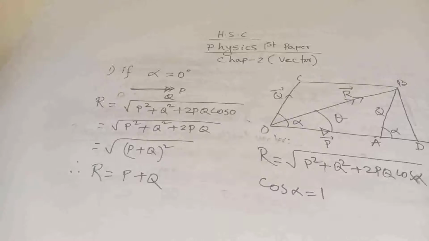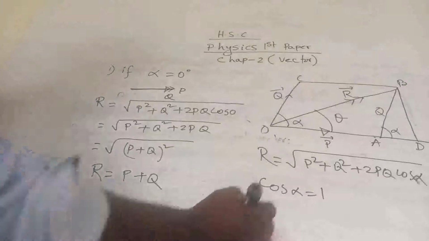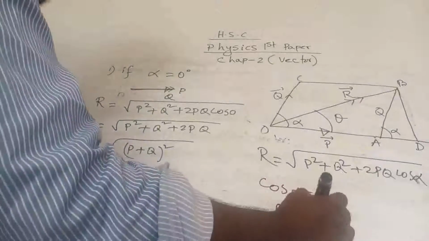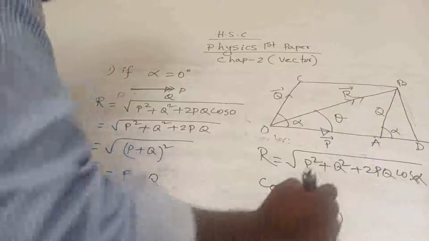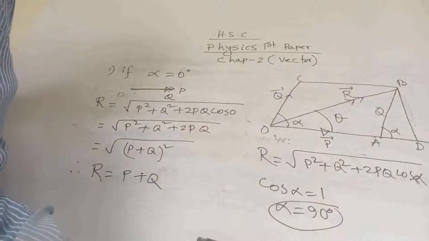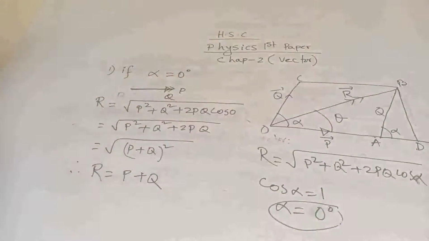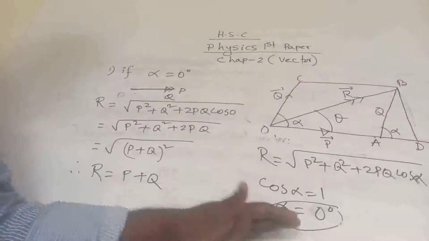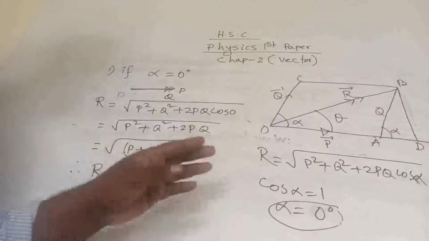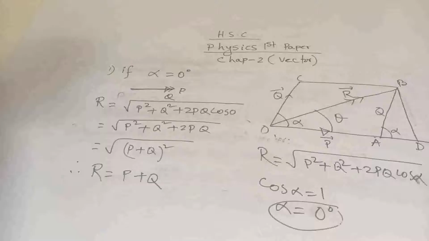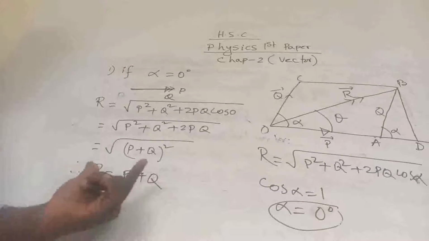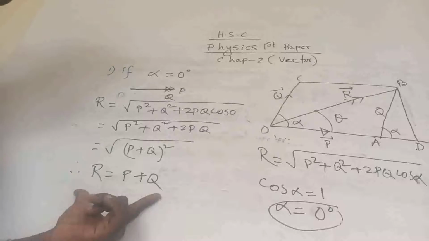How can we get the maximum resultant? Cos alpha equal to 1 means alpha will be equal to 0 degree. So if alpha is 0 degree, that means if two vectors act in the same direction, in that case we will get the maximum resultant.